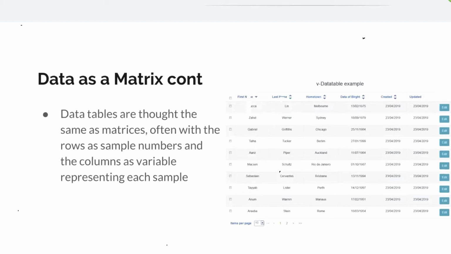So in this example, even though it's not numbers, each row is a different person, and each column is a different variable: their name, their hometown, their date of birth, when the account was created, when it was updated. Usually the way data is stored is that the rows are different samples and the columns are the variables. Does that make sense? It's like how in a matrix you have rows and columns.